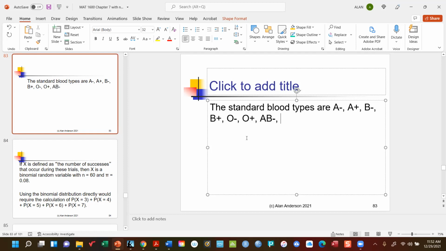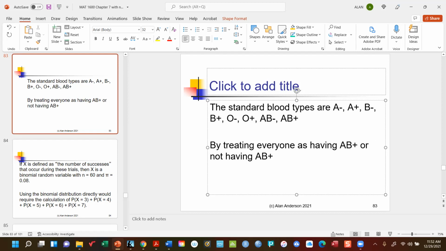AB negative, AB positive. Okay, does that look right? Yes. So here's what we're going to do. By treating everyone as having AB positive, or I guess we could think of it as one of the other blood types, in other words, everything else.